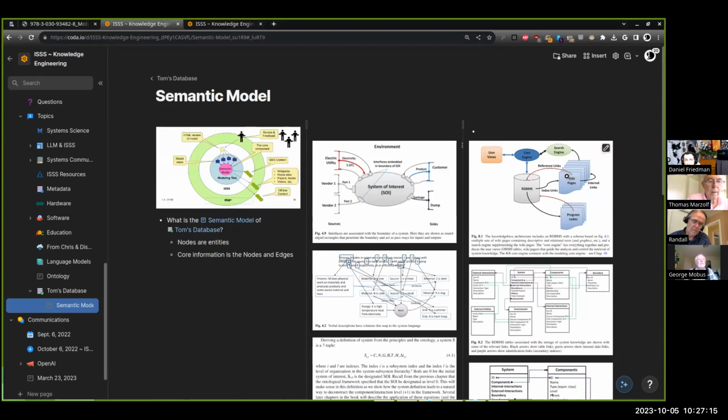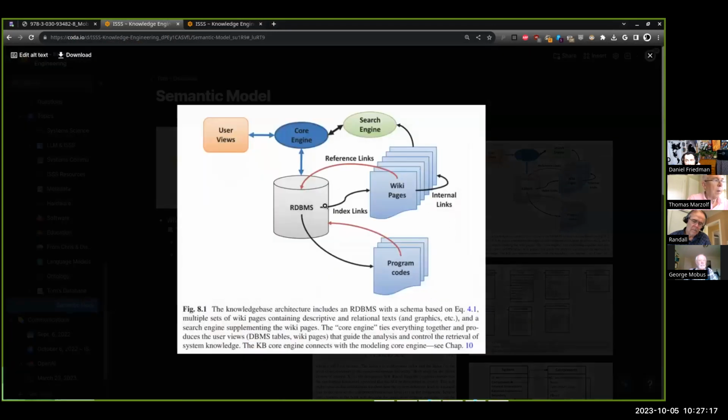I mean, if it is a relational database, then you explicitly outline that. Okay, correct.